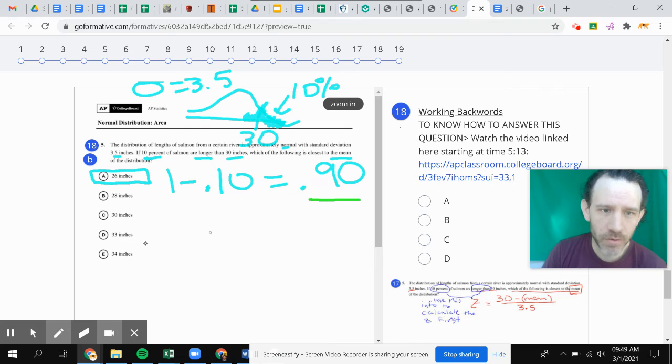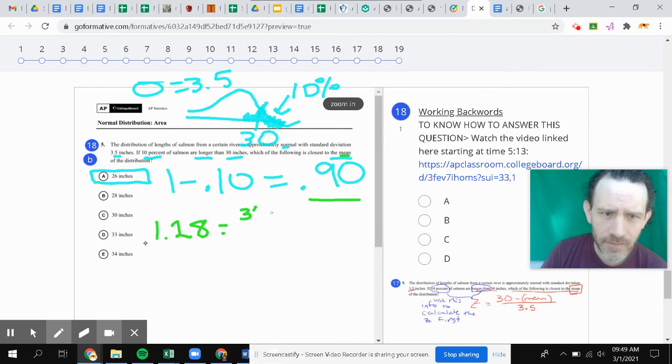So what do I know? I know the z-score is 1.28. We have the x, that is 30. We don't know what the mean is yet because that's what we're solving for.